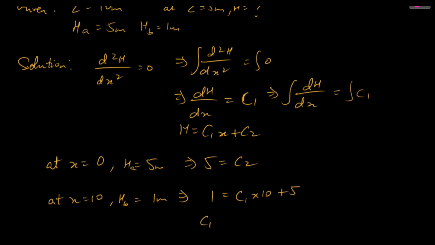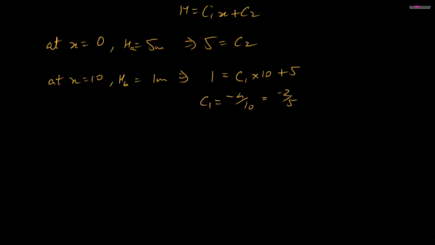So C1 will be equal to minus 4 by 10 or minus 2 by 5. Therefore, H equal to minus 2 by 5 x plus 5.